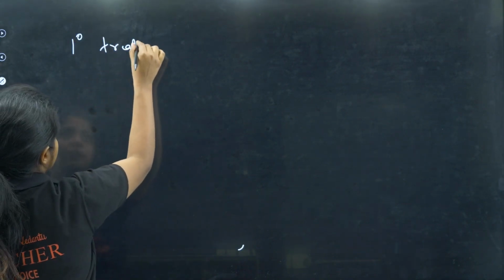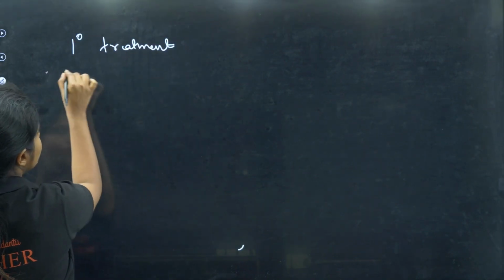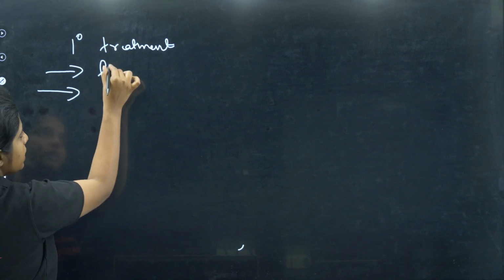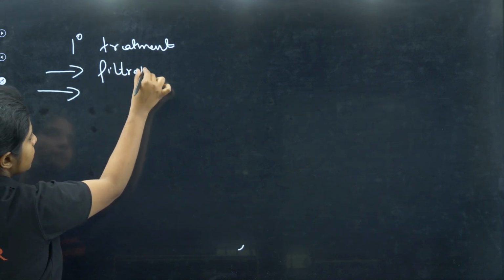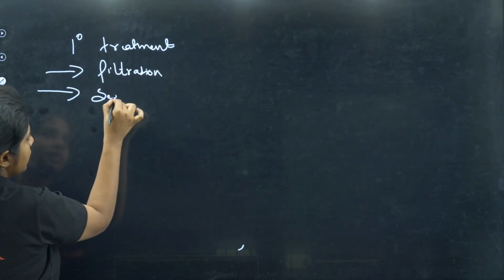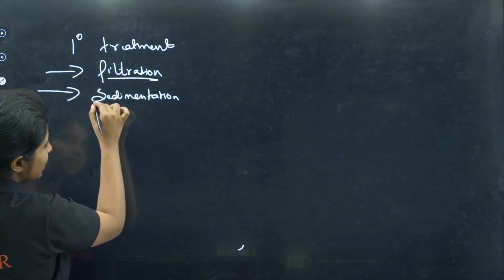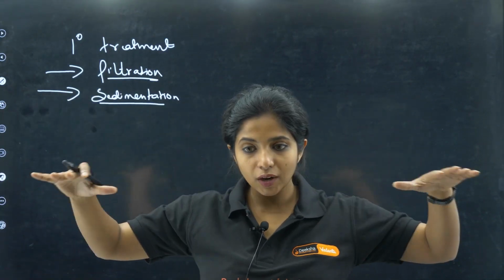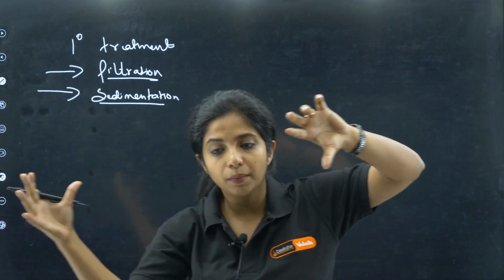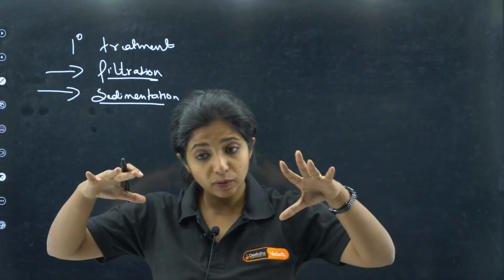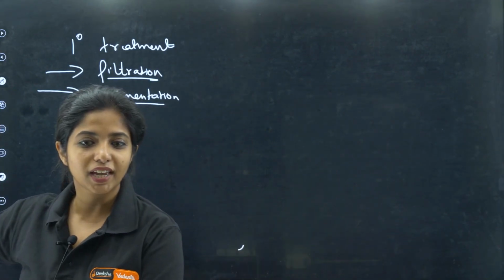Primary treatment. In primary treatment, there are two major things. One is filtration, and the second thing is sedimentation. That means you have the sewage, certain things will be floating around because they are lightweight, so those can be removed with the help of filtration. Certain things will be sedimenting down, so those can be removed with the help of sedimentation.